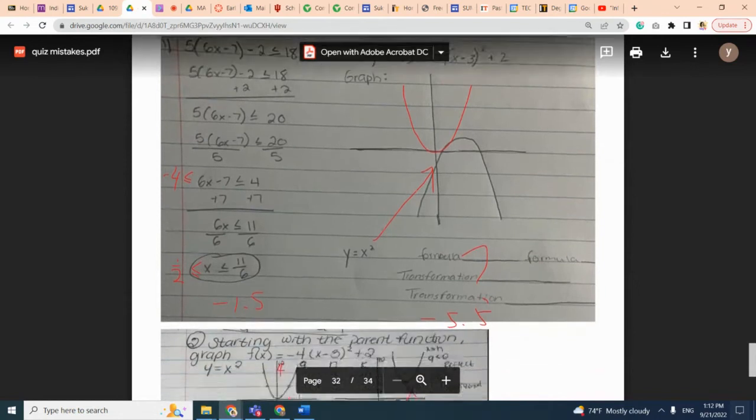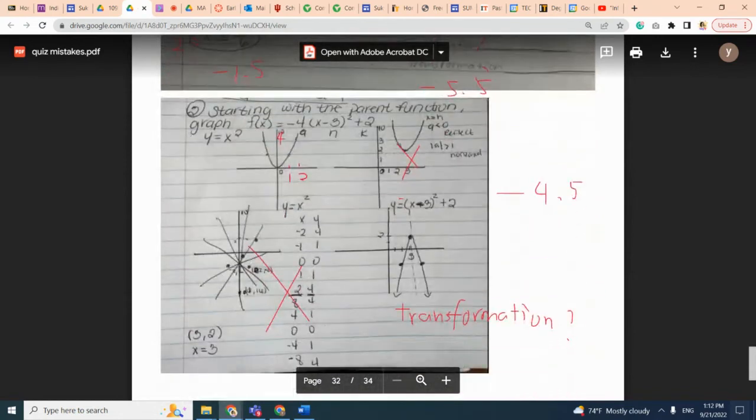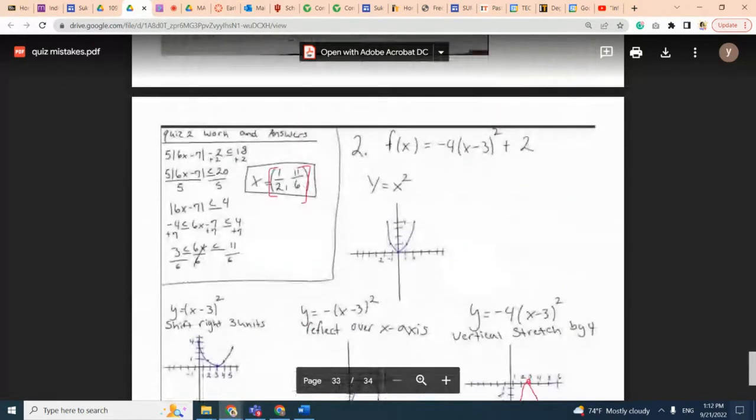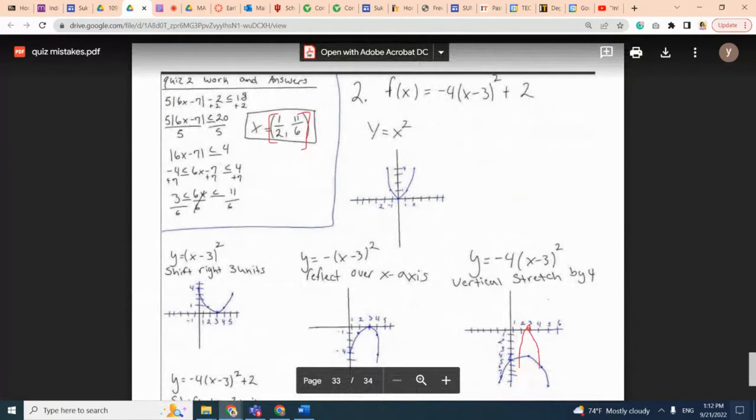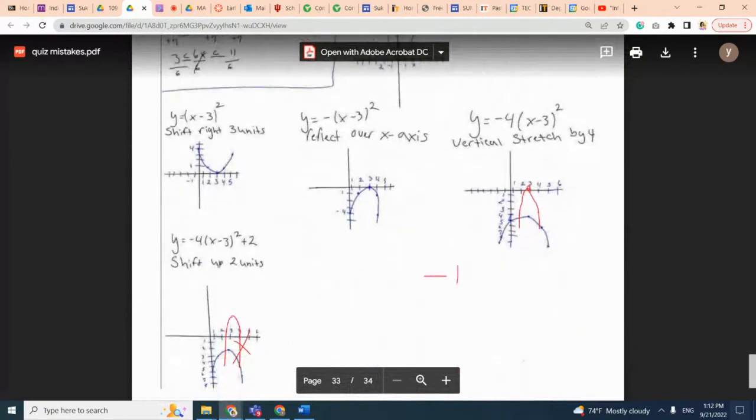Yeah, and this problem as well. Label the important points. And then he didn't follow the steps. So look at the in-class notes and follow the steps, the transformations. And here, brackets, don't use parentheses.